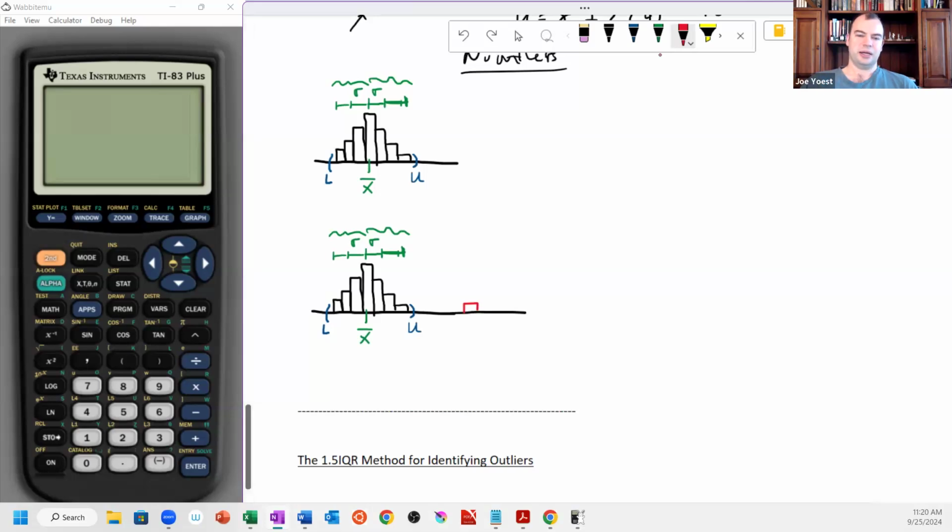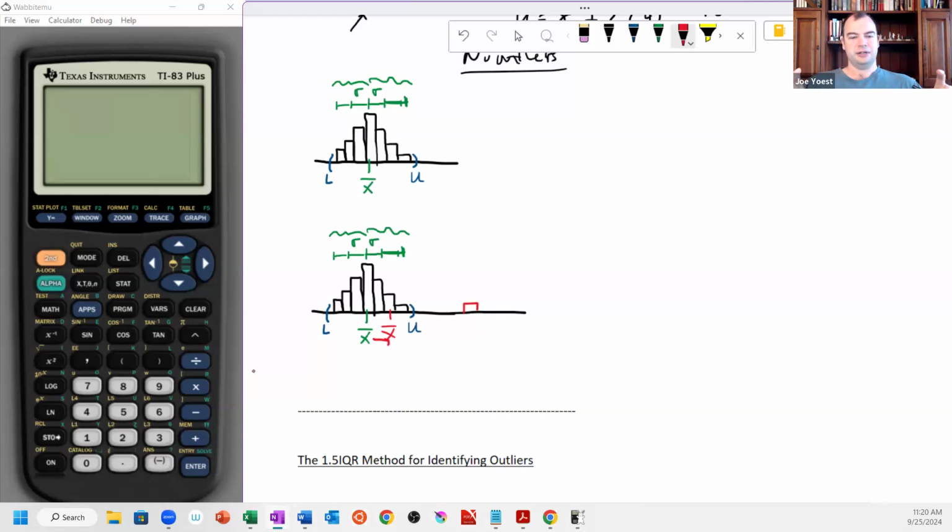I stuck in this red data value way off to the right. That's actually part of the data set, right? So my X bar from just this data is not going to stay the same. In fact, my X bar is going to chase that outlier. When I put this outlier in off to the right, that's going to pull my X bar to the right.